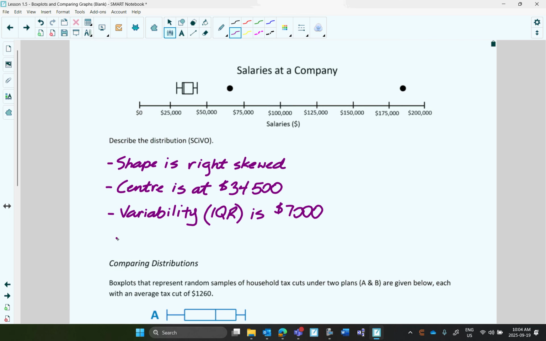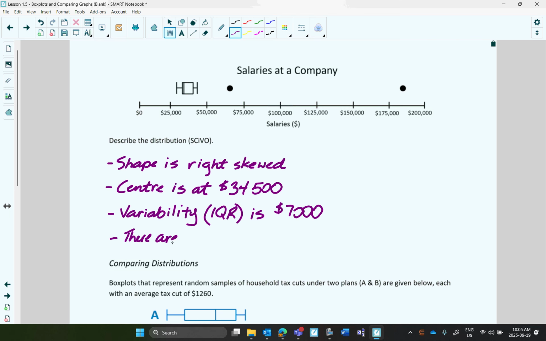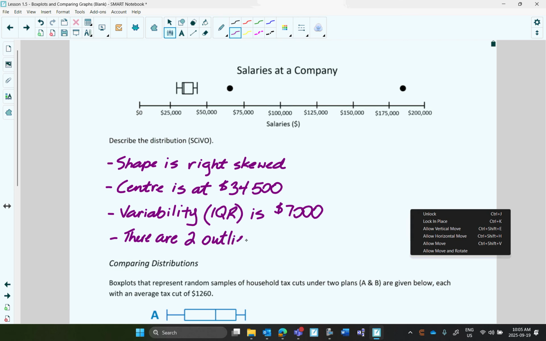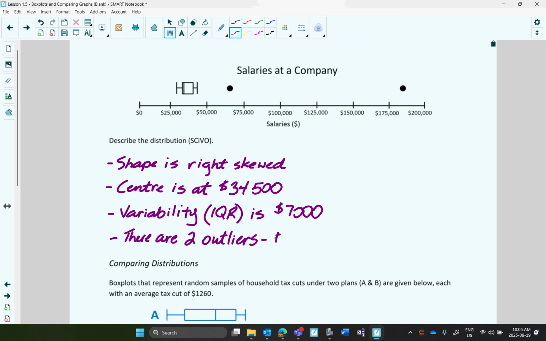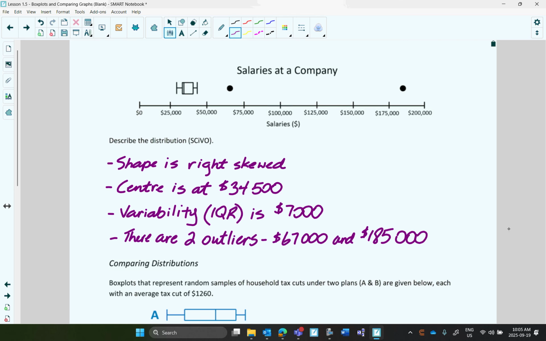There are two outliers. 67,000. I think that is right, isn't it? 67. Yeah, and 185,000. Remember, you also have to write in context. Okay.